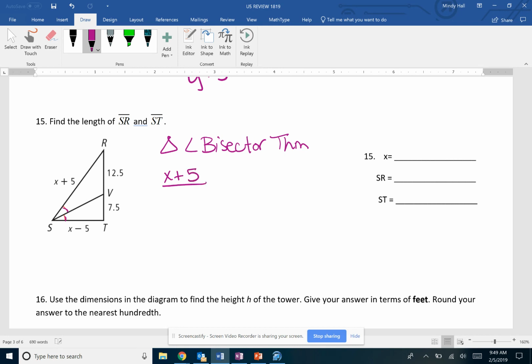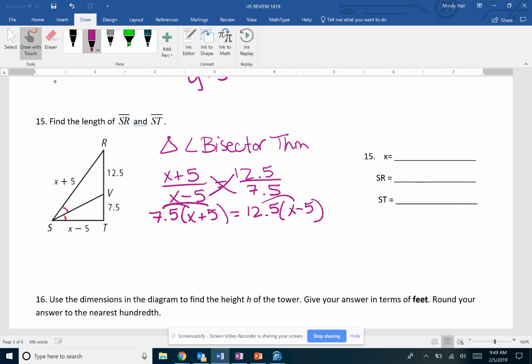So we'll set it up x plus 5 over x minus 5 equals 12.5 over 7.5. And this problem you've actually seen a couple times. So by now you may just remember how to do it. But you're still going to cross multiply. So 7.5 times x plus 5 equals 12.5 times x minus 5.